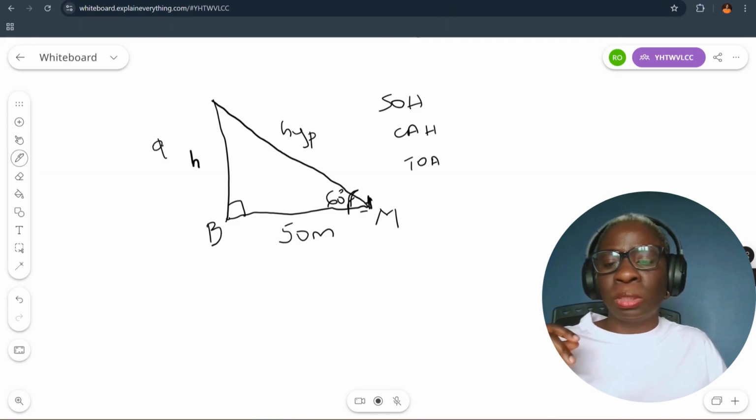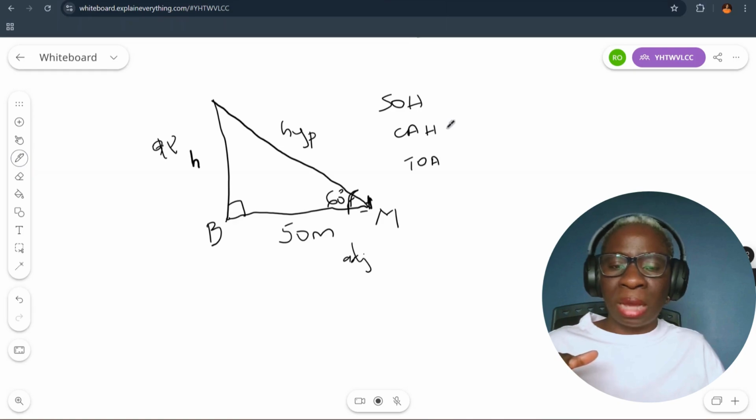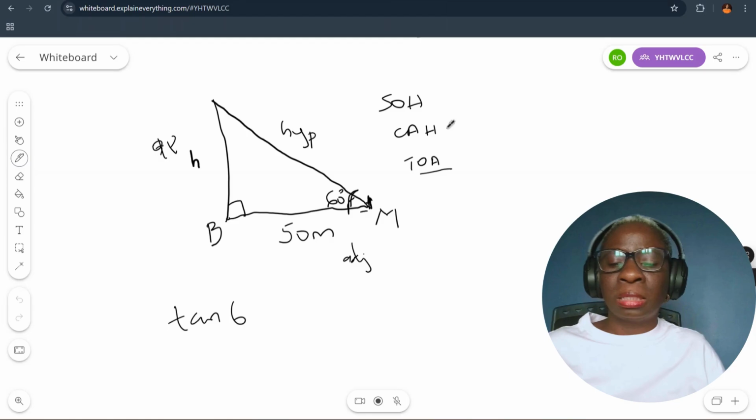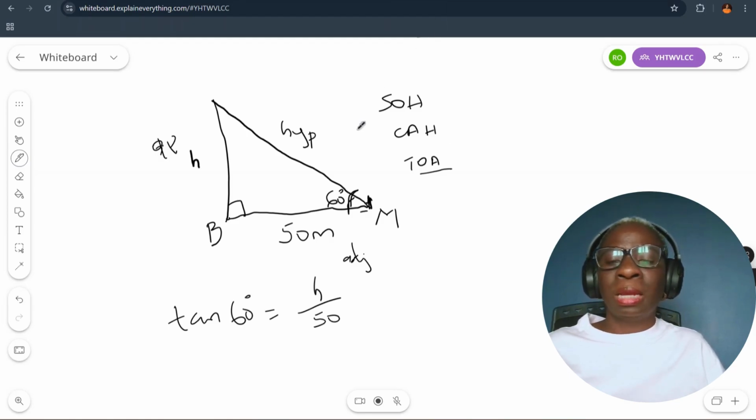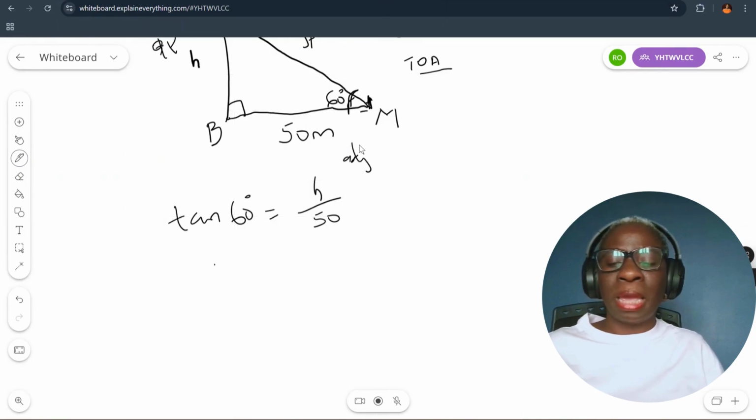So this is the opposite and this is the adjacent. We are to find the opposite and we are given the adjacent. Opposite and adjacent has to do with tan. So tan 60 degrees equals opposite, that's h, over adjacent, that's 50. Cross multiplying, h equals 50 tan 60.